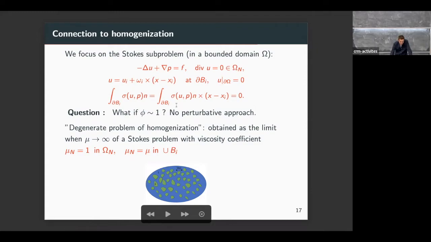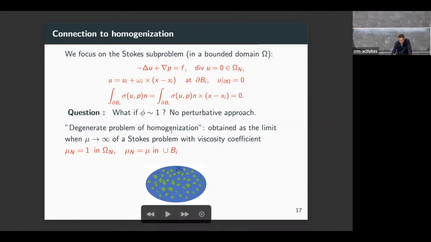So when you look at this system, you are outside the dilute regime. Phi is closer to 1, phi is not small anymore. Then, of course, you cannot hope for a perturbative approach. But what will save you is that we are then in the framework of homogenization.